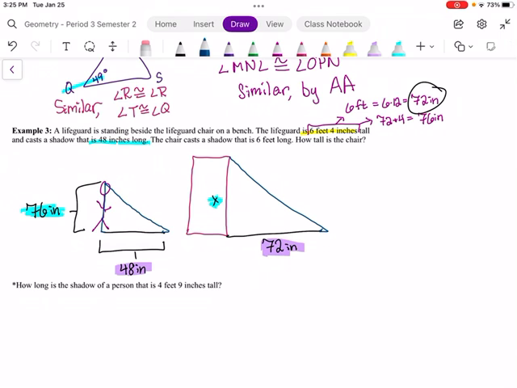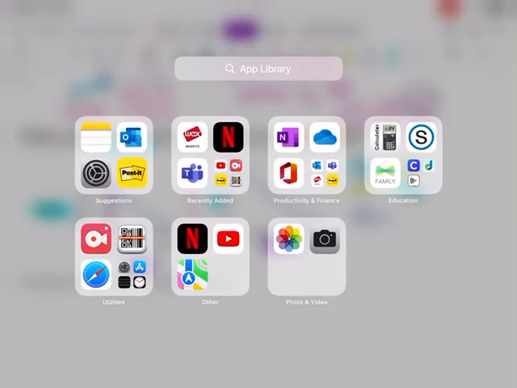So if we set this up, we're going to have 76 over x equals 48 over 72. And remember, when you're solving ratios like this, you are going to cross multiply. So we're going to have 48x equals 72 times 76.